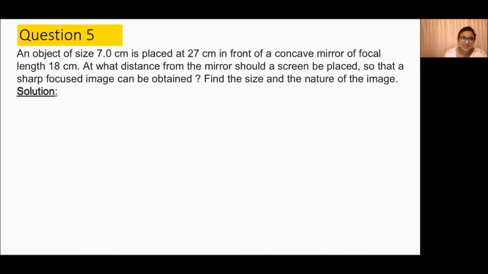Next question is, an object of size 7 cm is placed at 27 cm in front of a concave mirror of focal length 18 cm. At what distance from the mirror should a screen be placed so that a sharp focused image can be obtained? Find the size and the nature of the image. Given H naught is 7 centimeter, and U is given, it is placed at 27 centimeter in front of a mirror.